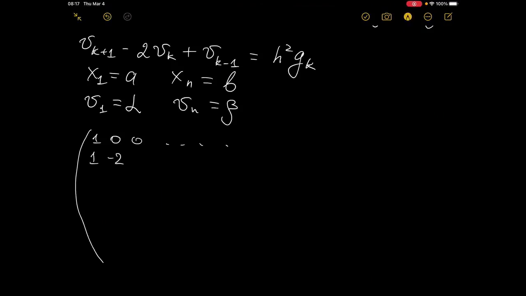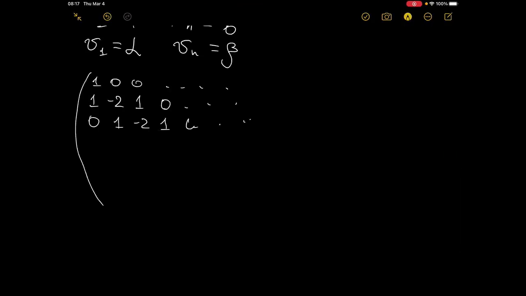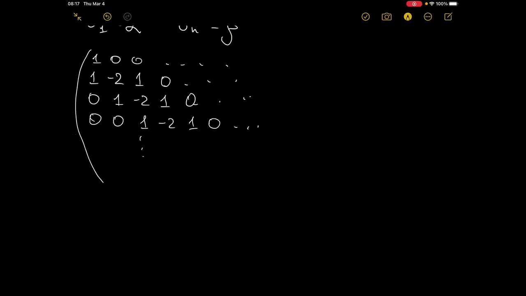Then 1, negative 2, 1, and so on, and 1, negative 2, 1, and so on, with zeros elsewhere, and at the end 0, 1, 0, 0, 0, 0.